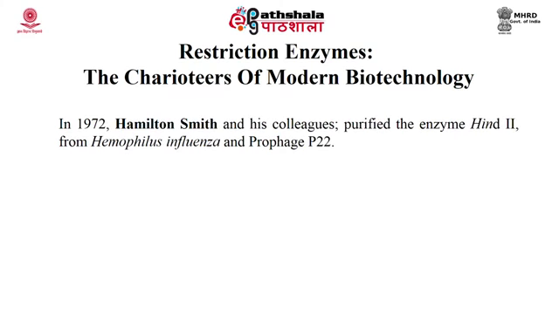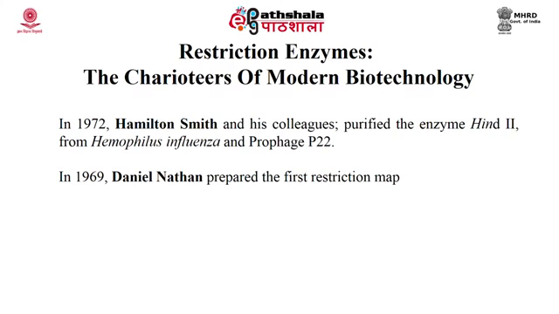In 1970, Hamilton Smith and his colleagues successfully purified the enzyme HindII while working with Haemophilus influenzae and a phage P22. In 1969, Daniel Nathans prepared the first restriction map by digesting viral DNA SV40 with different restriction enzymes and analyzed the fragments obtained.